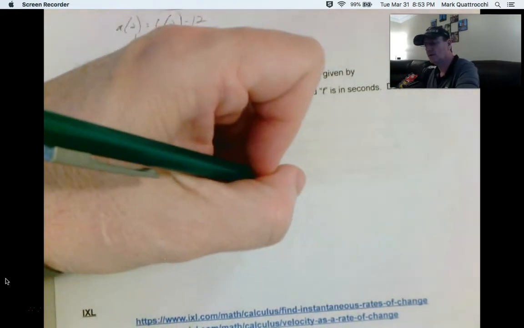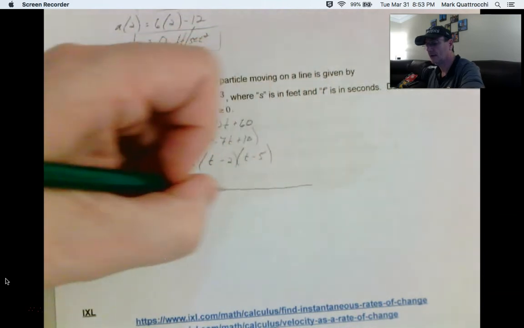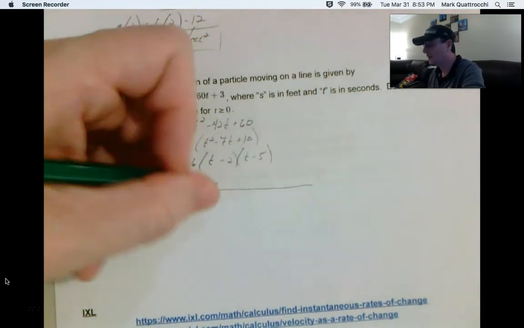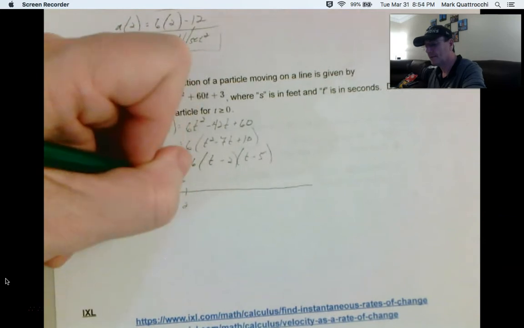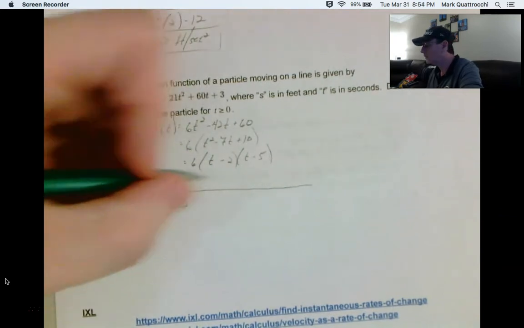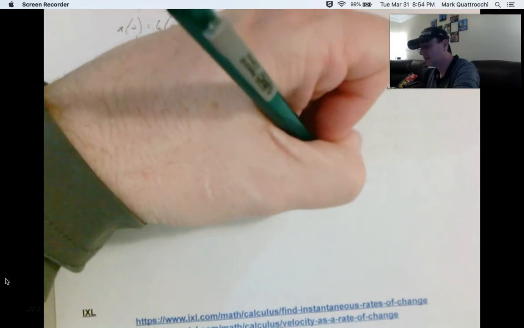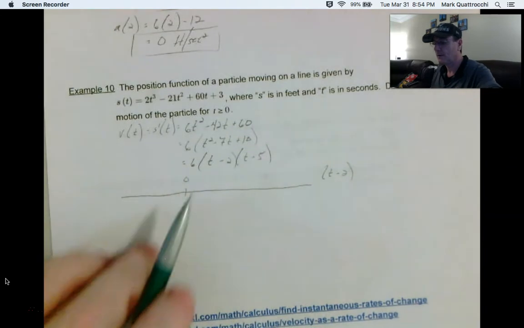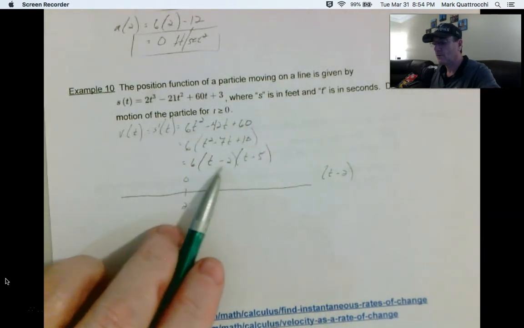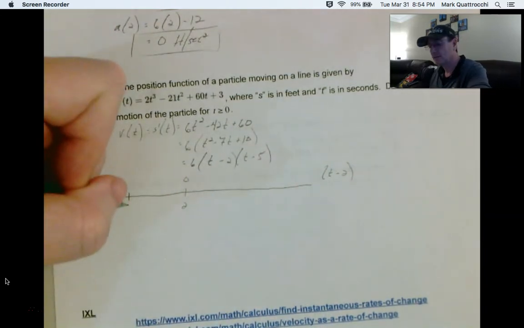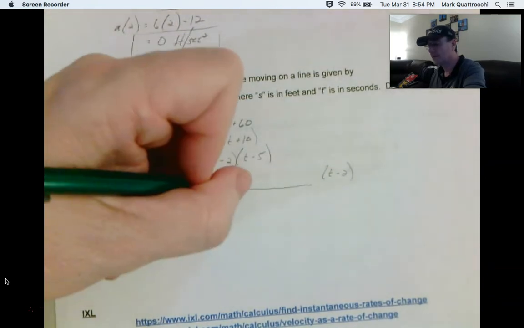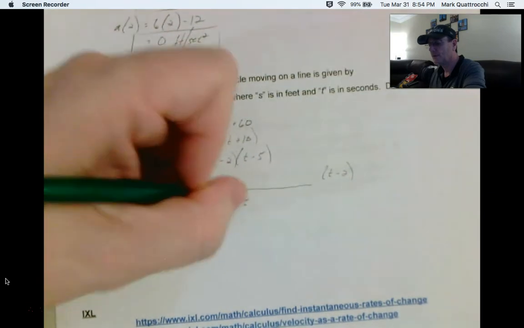So let's take a look at some position graphs. Here's 2. What is the sign of t minus 2, positive or negative? Well, for values, we'll start here at 0 and go from 0 up to 2, up to 5, and then beyond.